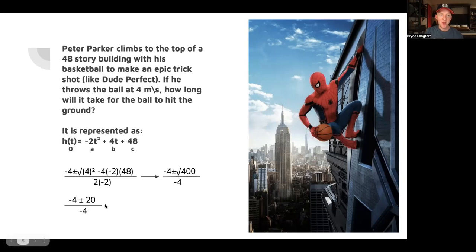When we solve that, we solve first with a plus, and then with a negative. And so we get the plus is -4, and the negative is 6. We can't have a negative time when throwing a basketball down because that's not possible. So we get 6 seconds for the basketball to fall down to the ground.